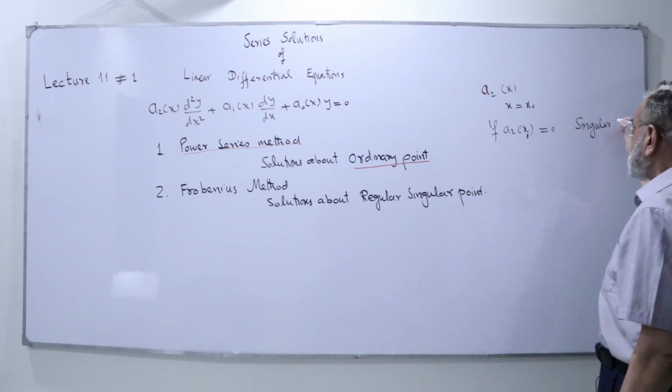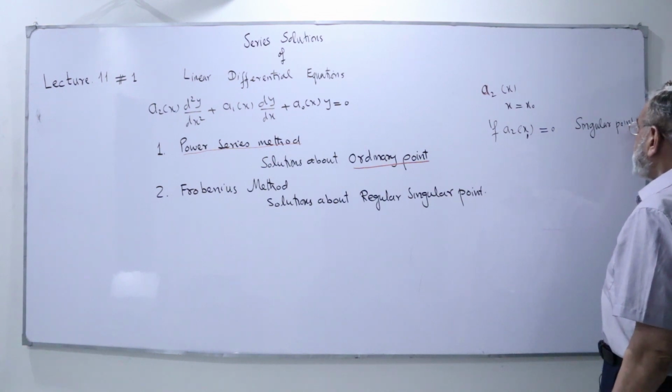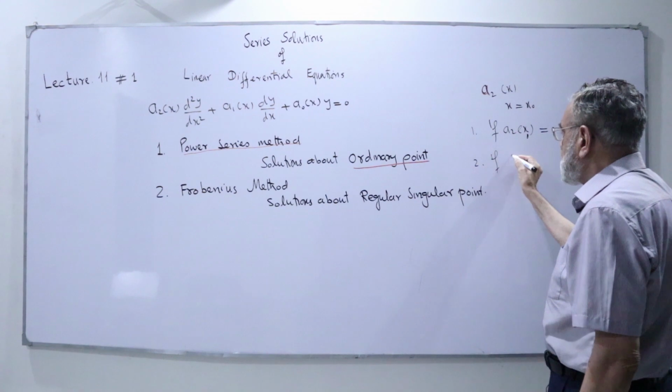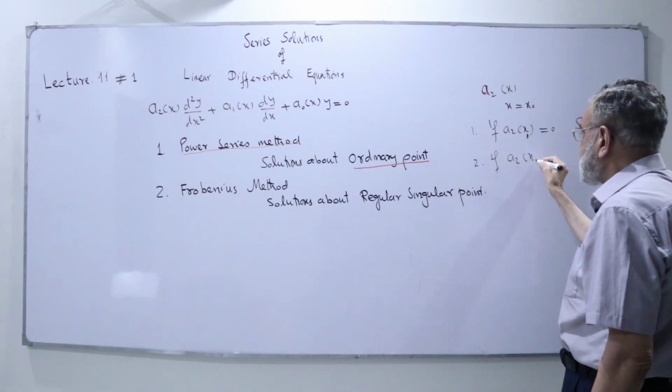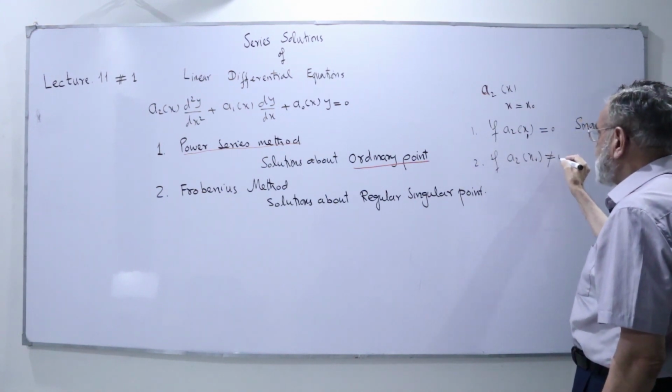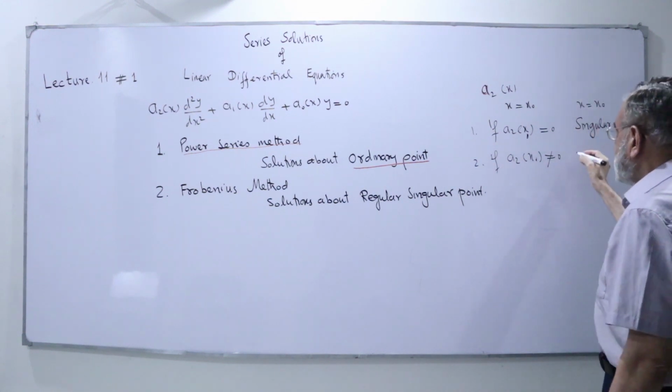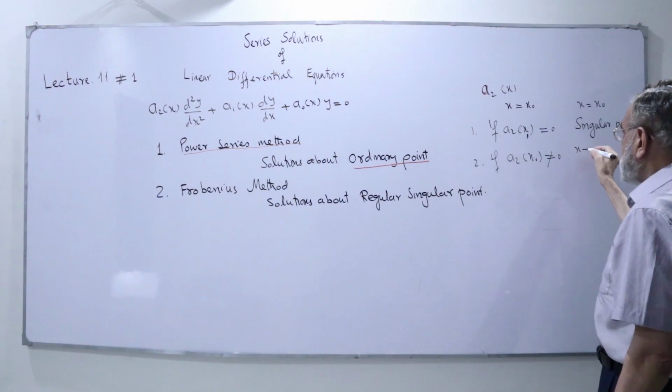And in case number 2, if a2 of x at the point x0 is not equal to 0, then this point x equal to x0 is an ordinary point.